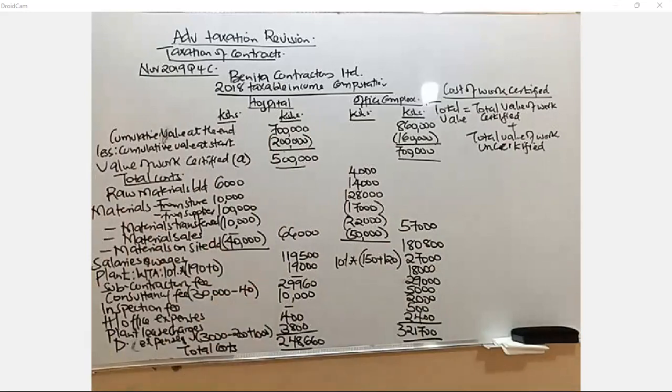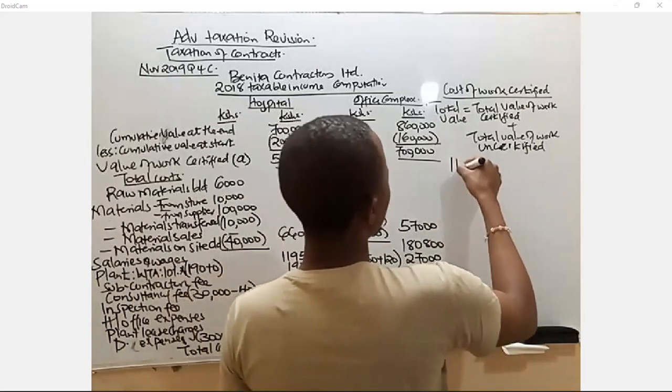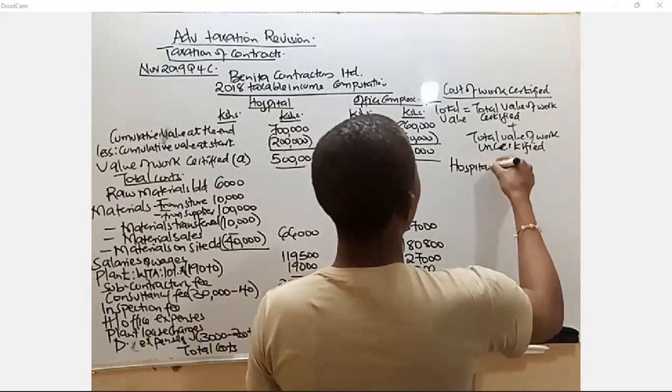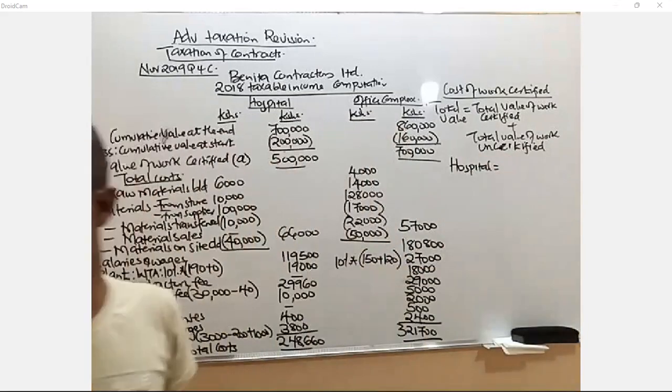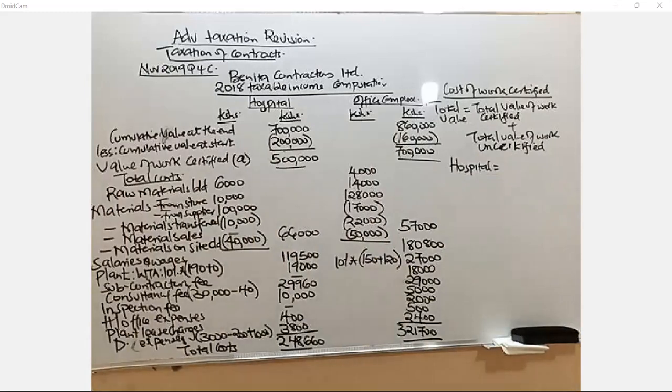So let me get the value of the work certified. Let me start with the hospital. For the hospital, I can see we have some values provided, right?